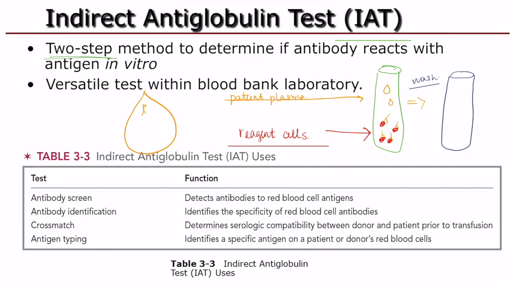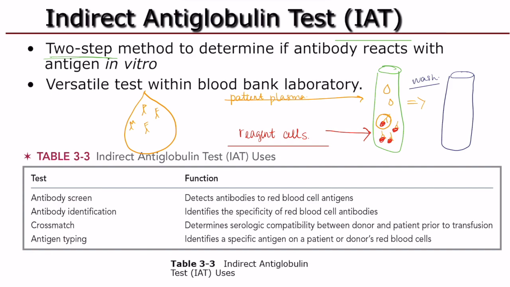Remember, our chickenpox antibody is in here. Our COVID antibody is in here. Our mono antibody is in here. Our flu vaccine antibody is in here. So there's all sorts of antibodies in here. And so we only want to detect antibodies that are on the red blood cells.